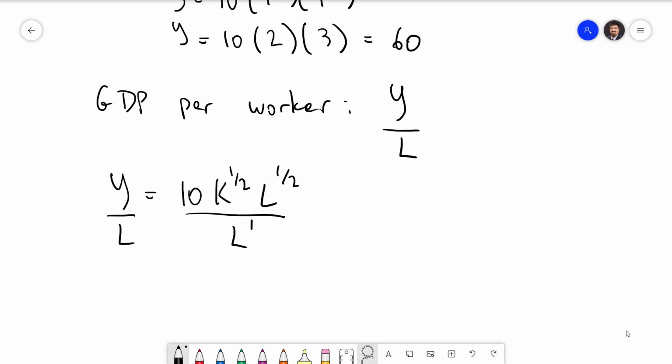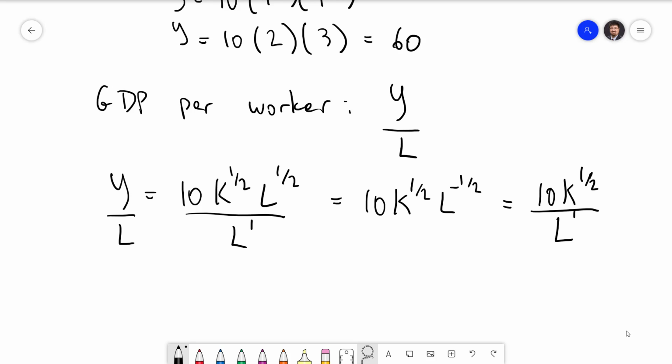We're now going to apply our rules for exponents. When we divide terms with the same base but different exponents, we subtract the exponents. And so what we get here is 10 K to the 1/2. Now we have L to the 1/2 divided by L to the 1, and so we take 1/2 minus 1 and get L to the negative 1/2. When we have negative exponents, we can move those terms to the other side of the fraction.